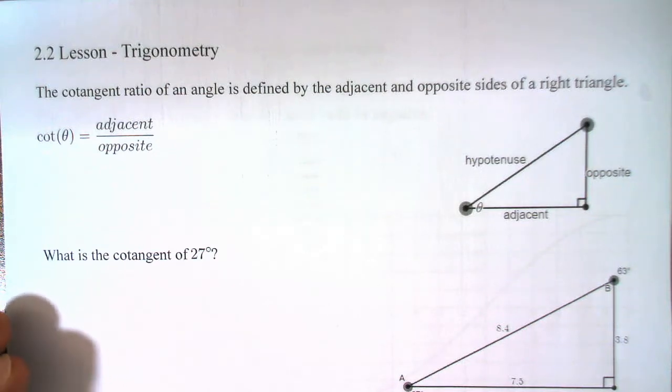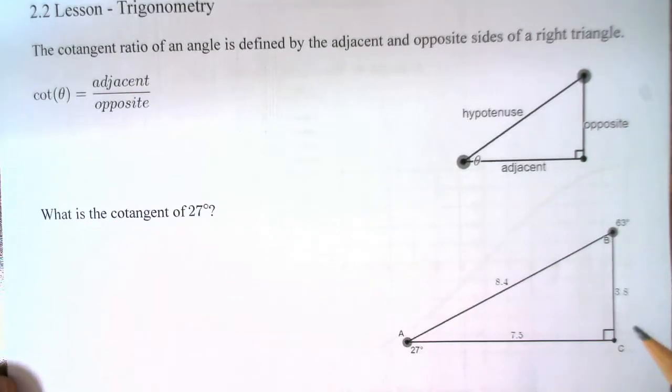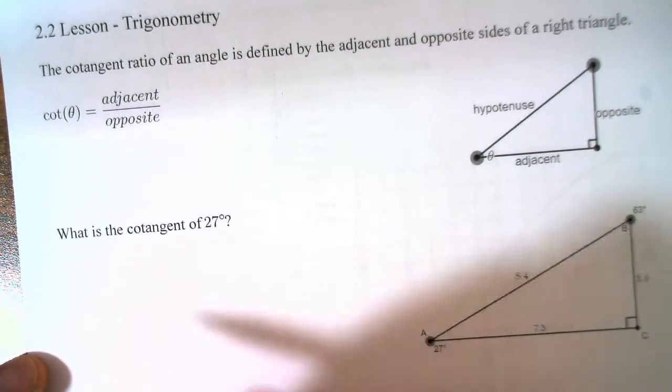The cotangent ratio is the adjacent side divided by the opposite. Here we've got a triangle with a right angle and an angle of 27 degrees. What is the cotangent of 27 degrees?